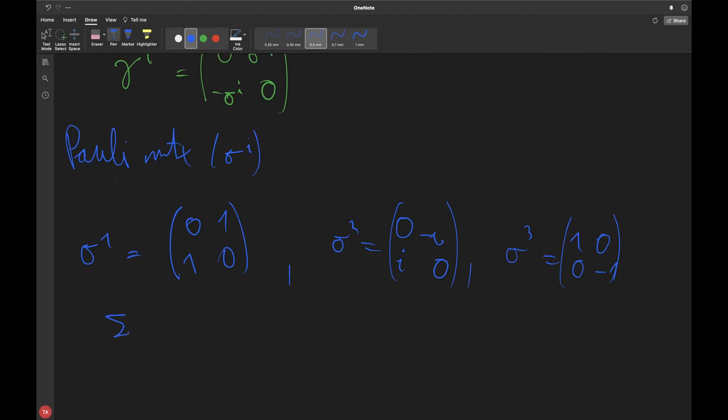So the sum of the diagonal is 0 and the determinant is 1, right?